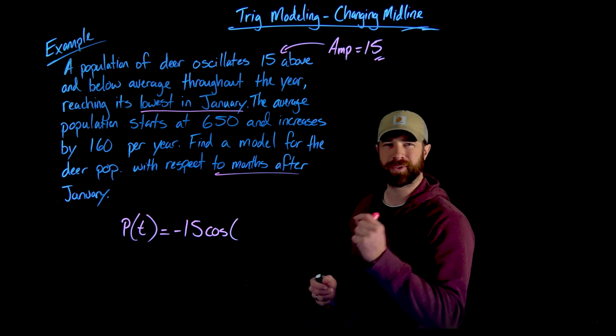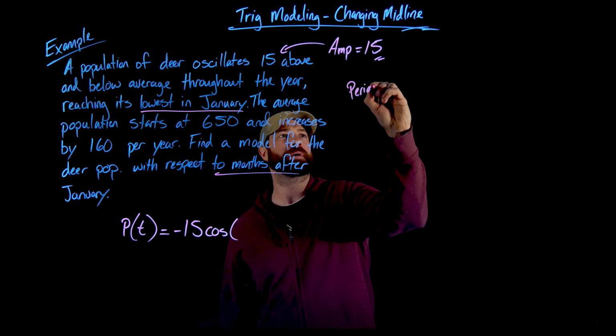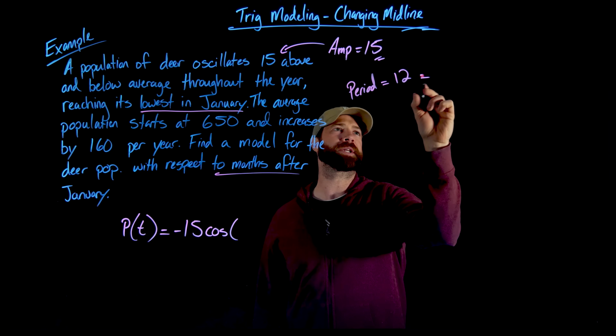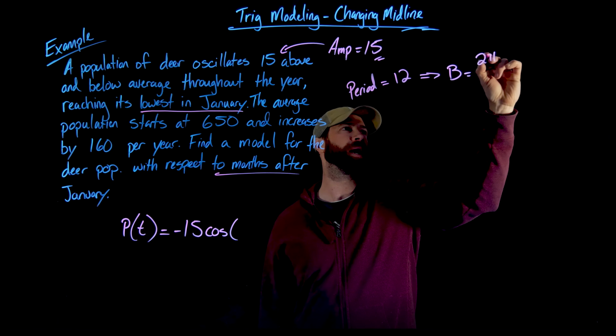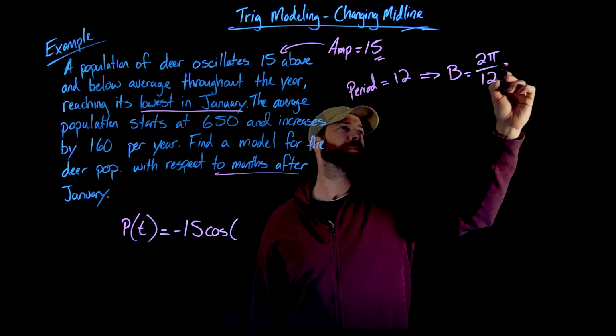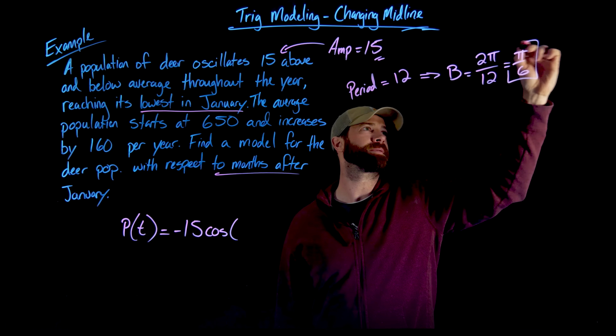Our input values are months, so in terms of months, 1 year would be 12. And we know the relationship between period and b can be found by 2 pi divided by the period, so 2 pi divided by 12, and this reduces to pi over 6.